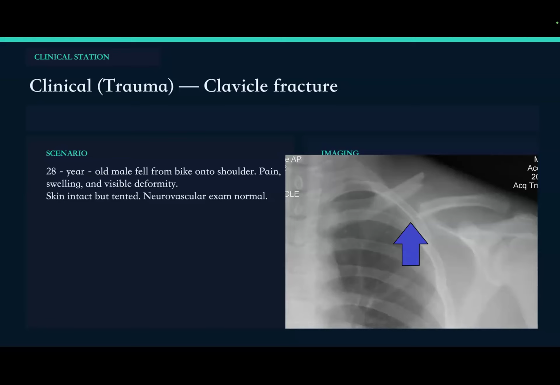I would like to get an extra view, as this is an incomplete view, to check the lateral view and the AP of the shoulders themselves. And this is the X-ray finding.